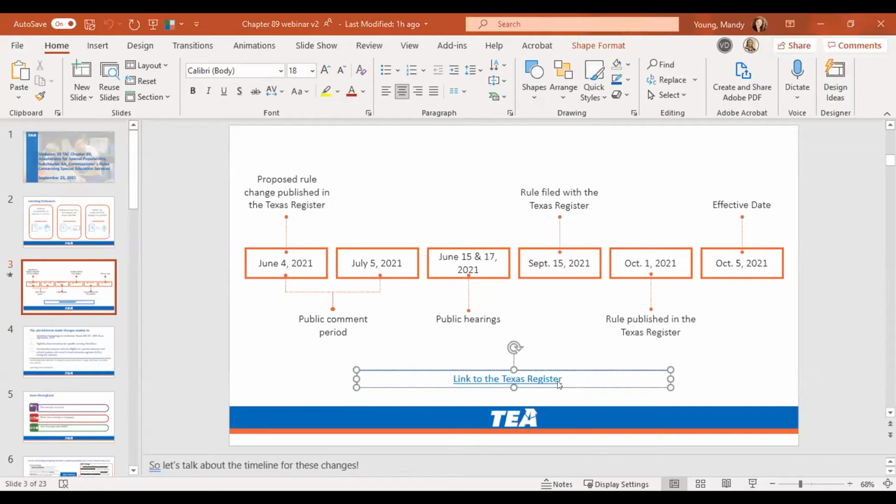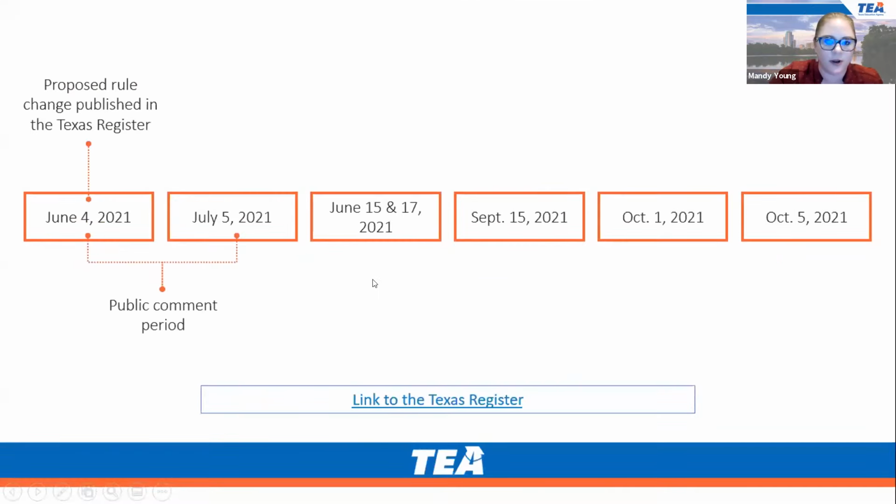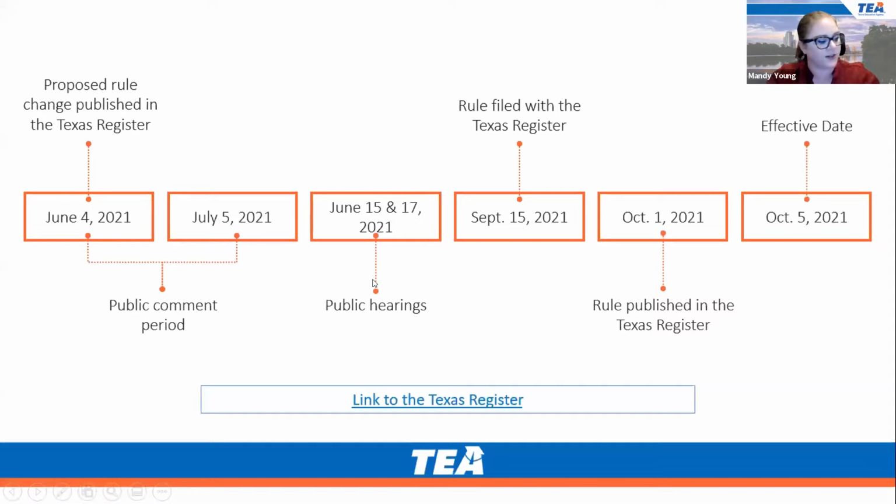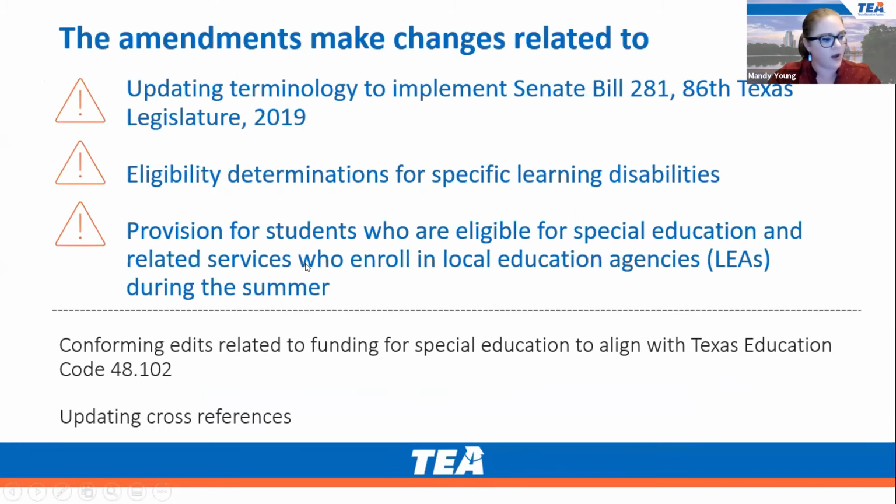Oh, thanks, Deanna. I was having a hard time. Thank you. All right, let me get back to the slideshow. So if you want to go to the Texas Register and look this up, you can. I don't think it's posted yet. I think it's just the proposed changes right now, but eventually it will be posted by October 5th.